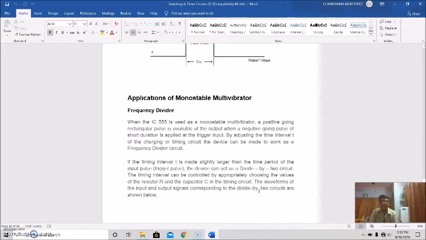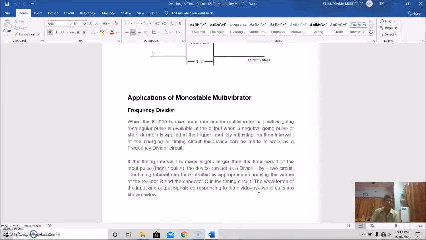When IC 555 is used as a monostable multivibrator, a positive going rectangular pulse is available at the output, that is at pin number 3, when a negative going pulse of short duration is applied at the trigger input.